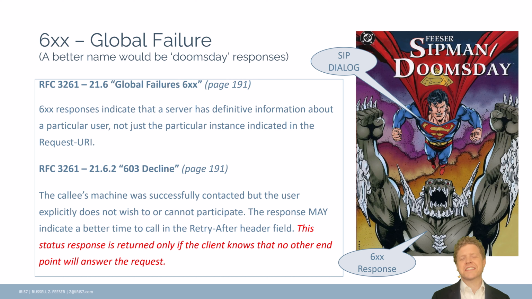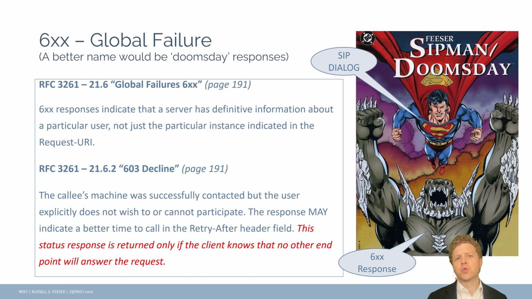This is a 6XX description where you can see not Superman, but Professor Feeser's SIP-Man fighting Doomsday. SIP-Man, of course, builds SIP dialogues. SIP dialogues are when two calls start a conversation. Well, a 6XX response will prevent that.